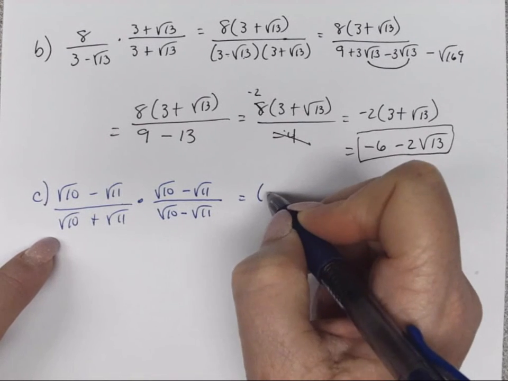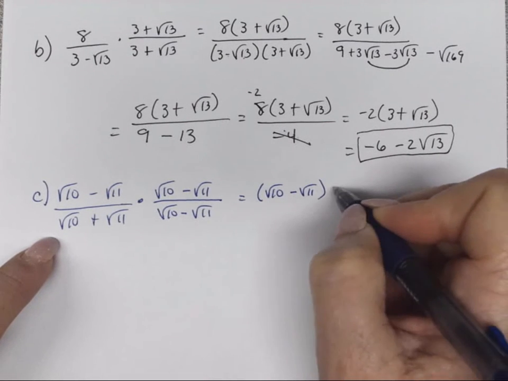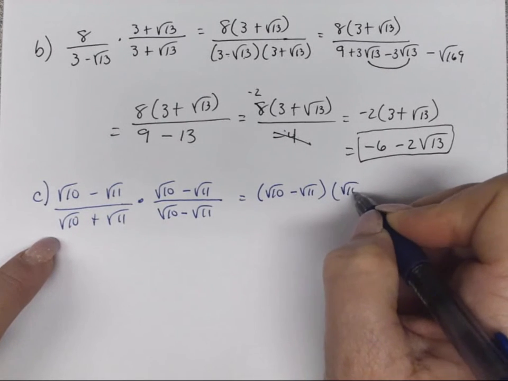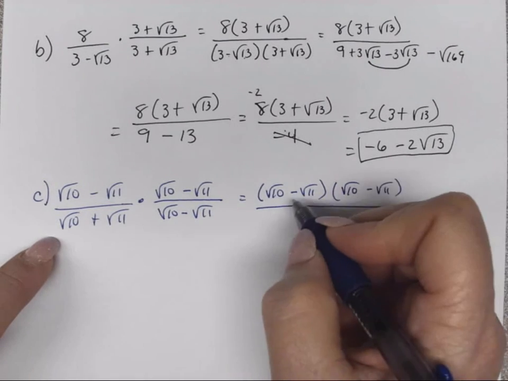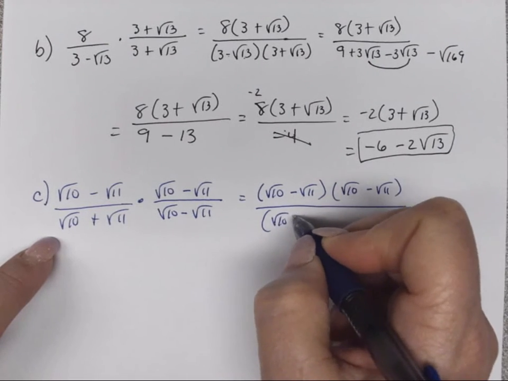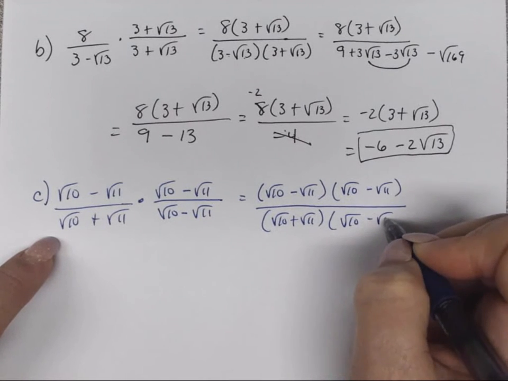So on the top, we have the square root of 10 minus that square root of 11 times the square root of 10 minus the square root of 11. And on the bottom, we have the square root of 10 plus the square root of 11 times the square root of 10 minus the square root of 11.